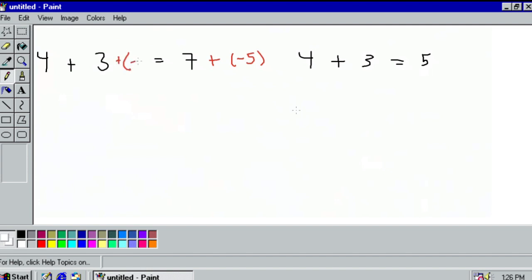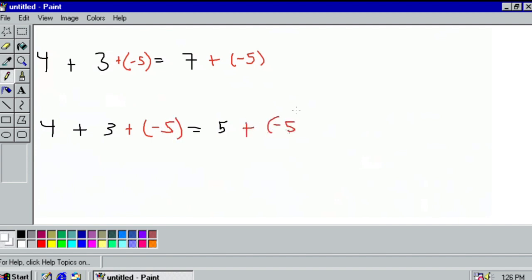negative 5. Now let's add. So we have 4 plus 3 is 7, minus 5 is 2.